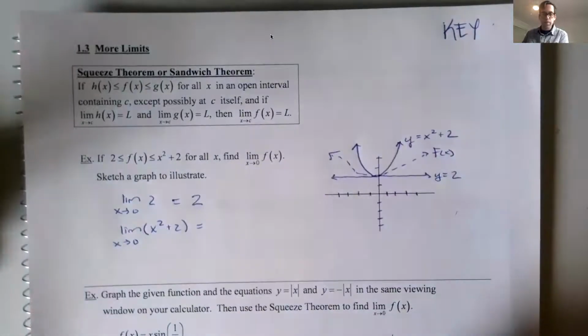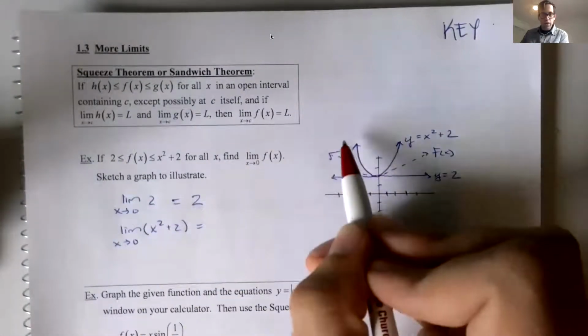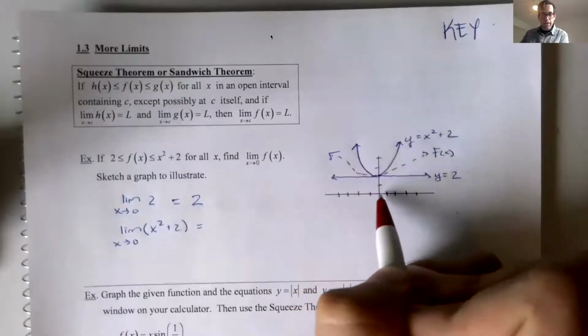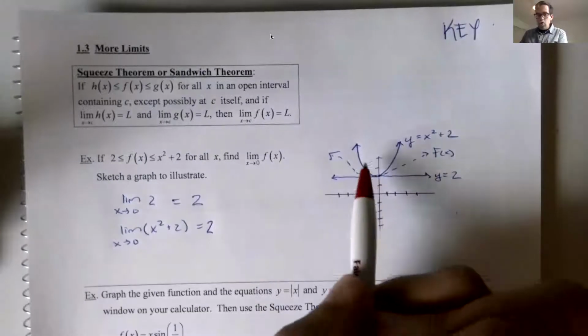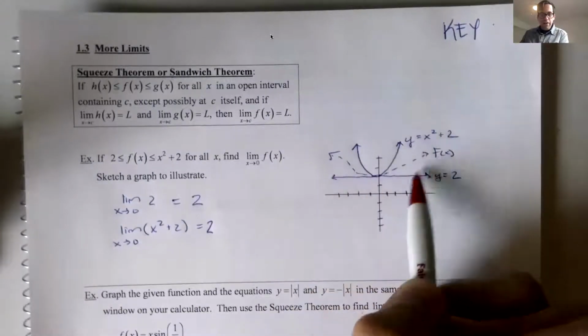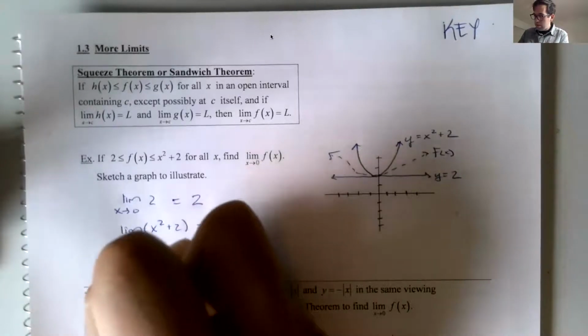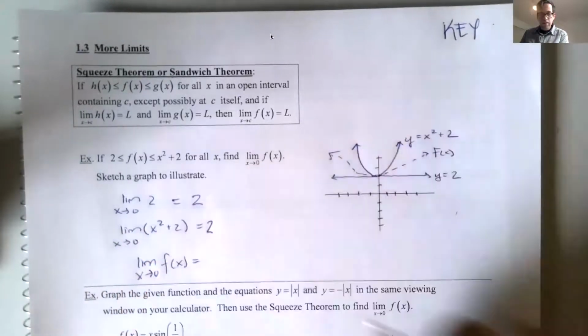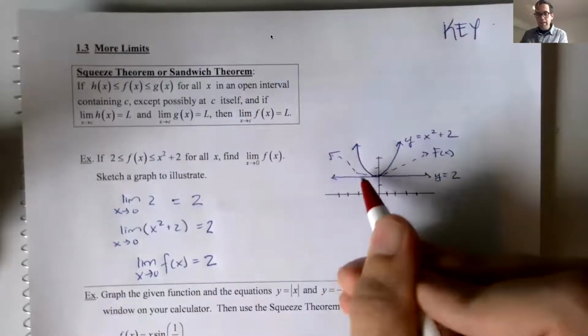It's always 2. And if we take a look at x squared plus 2, as we approach x of 0 from the sides, the y value is also 2. So this dotted function in the middle, the f of x, is going to have a limit of 2 because it's in between the other two.